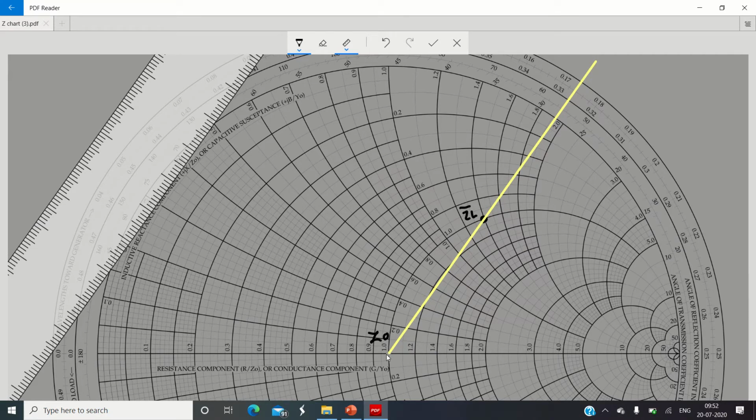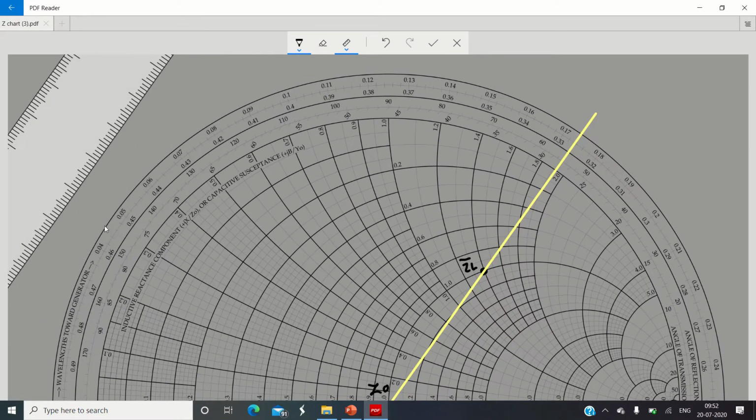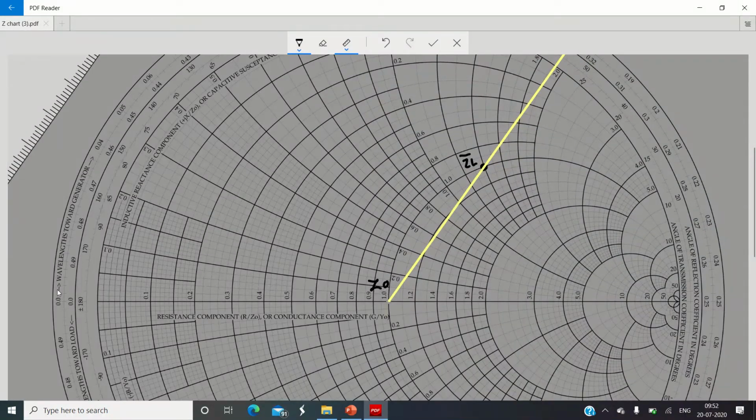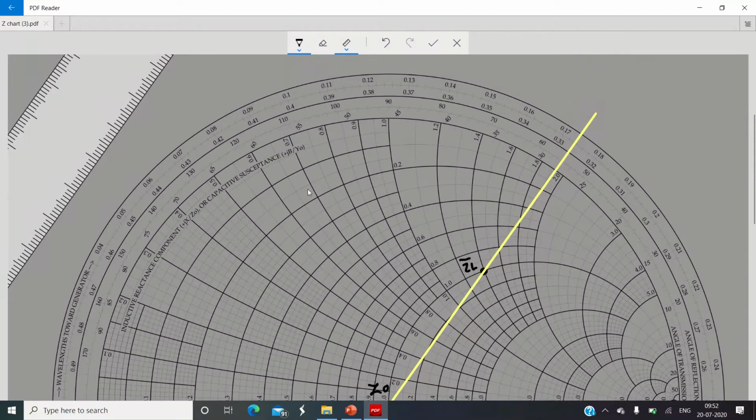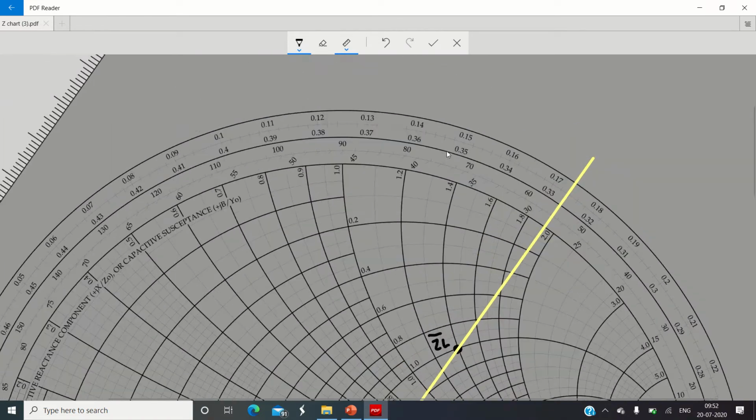Here the line is passing through ZL bar, and we have extended that line to the periphery of the Smith chart. Now we need to read the outermost scale wherever that straight line intersects. I will zoom into this region.